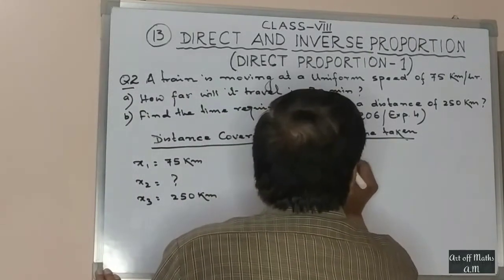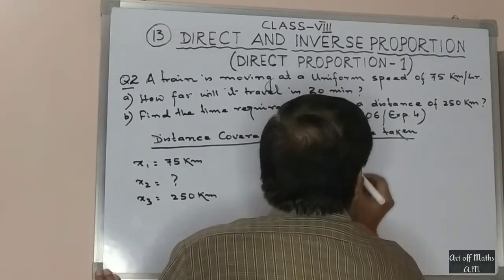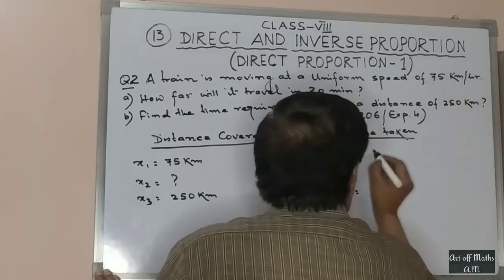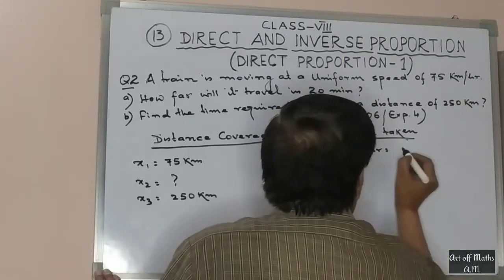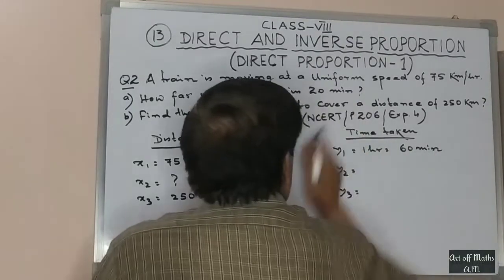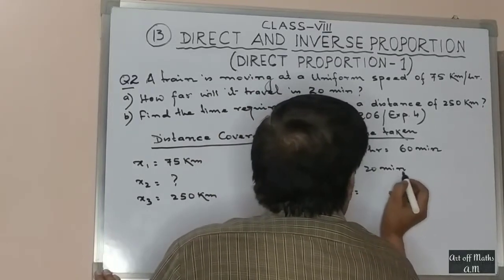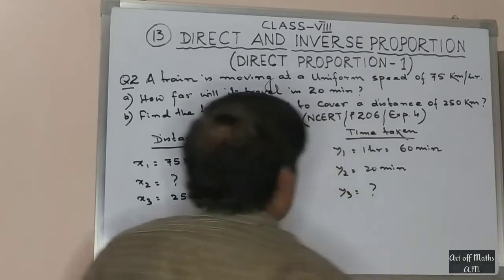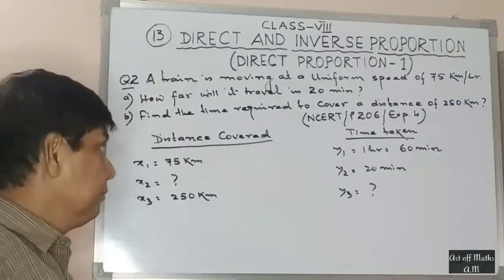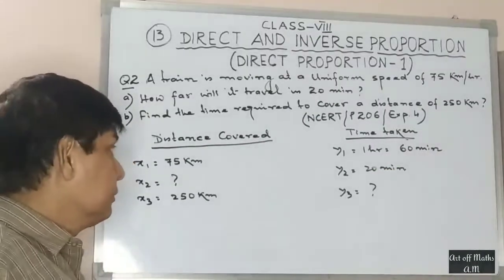Similarly, y1, y2, y3. y1 is 1 hour, that means 60 minutes, y2 is 20 minutes, and y3 is unknown. Every time you have to find out two quantities.